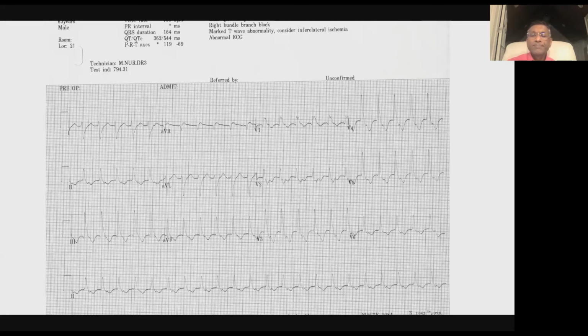This looks like a narrow QRS tachycardia.